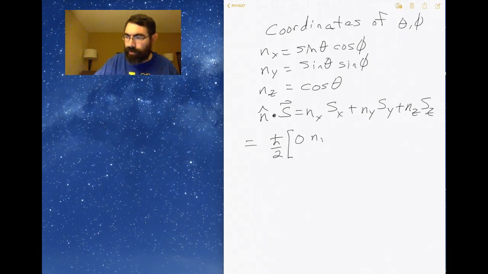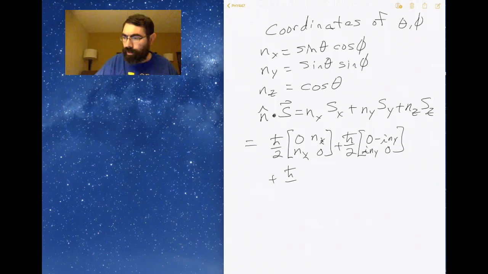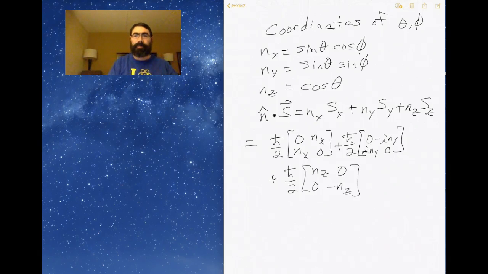So in this case it would be 0, n sub x, n sub x, 0, plus h bar over 2, 0, minus i n sub y, i n sub y, 0, plus h bar over 2, n sub z, 0, 0, minus n sub z.